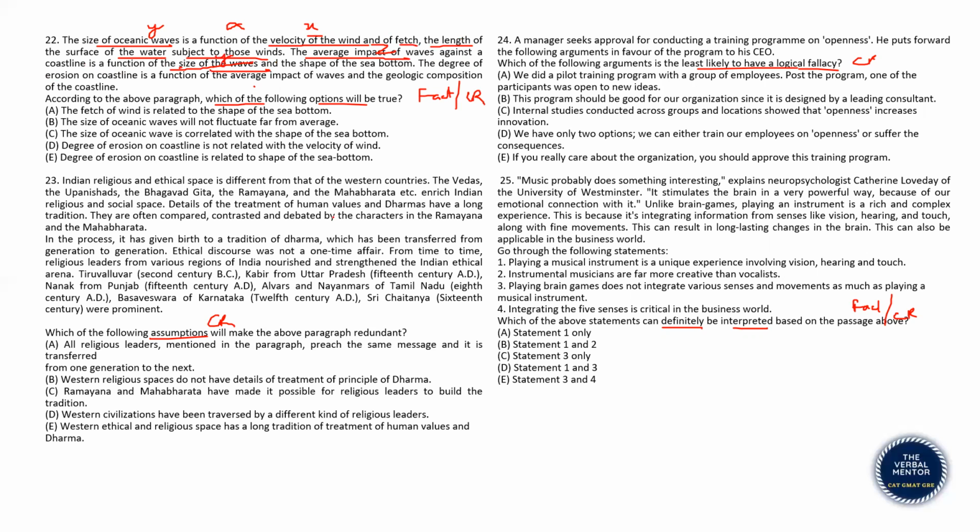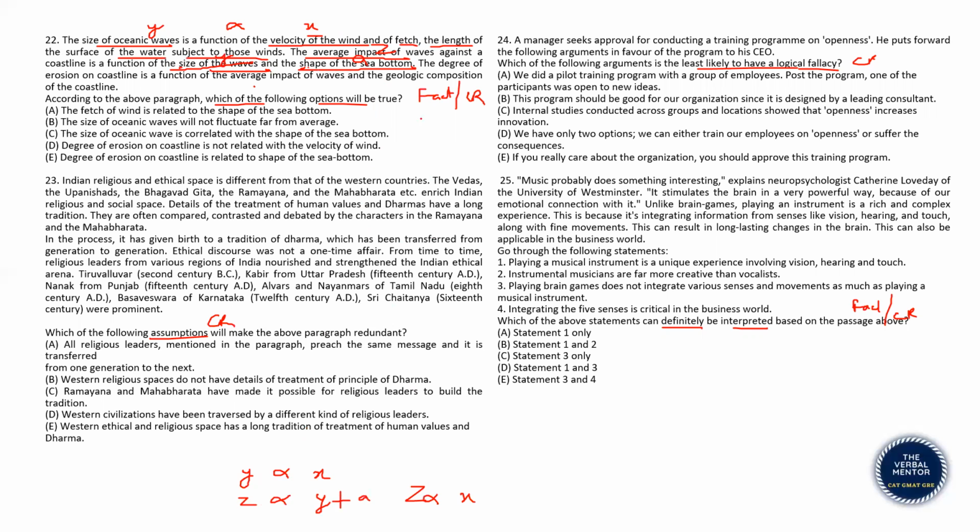Okay, so let me write down here. I have left some space. Y is a function of x. Z is a function of y in turn. Well, it follows then z is a function of x. Another variable has been introduced, the shape of the sea bottom. Okay, let us say it is a. So z is a function of y and a.